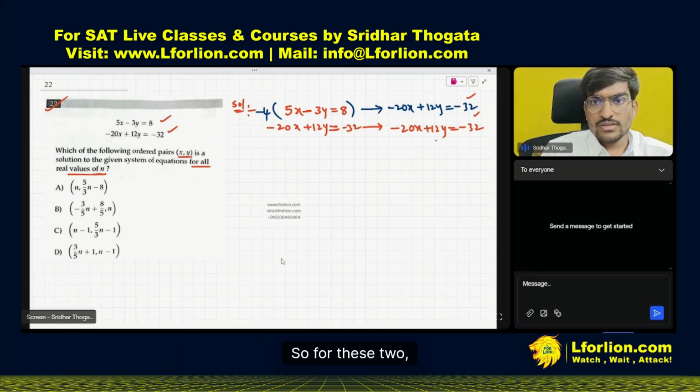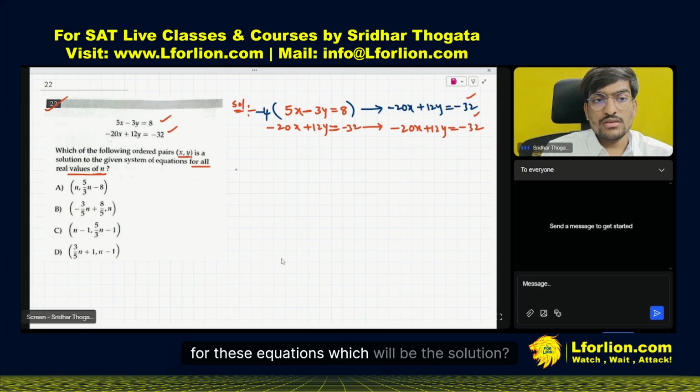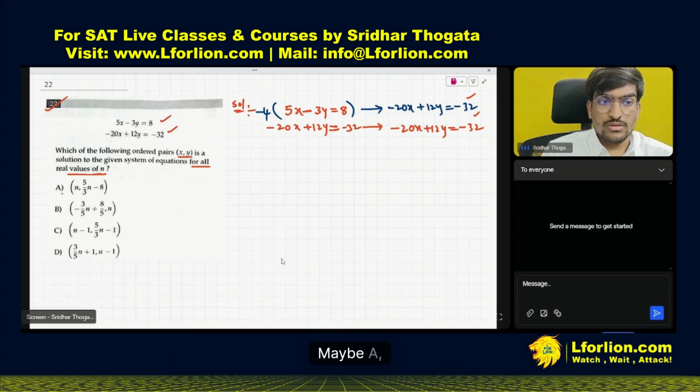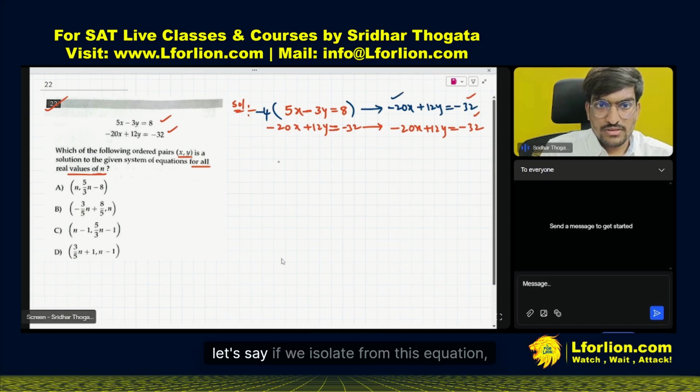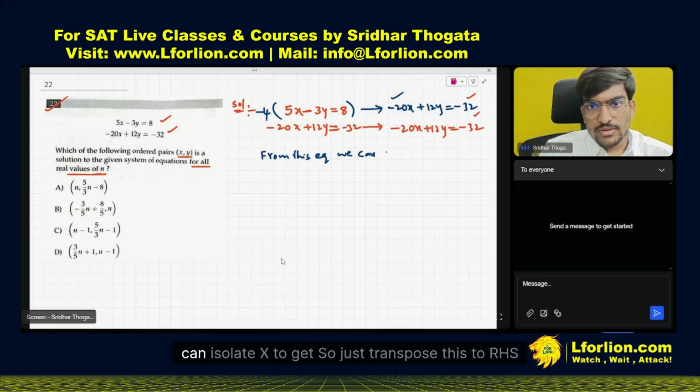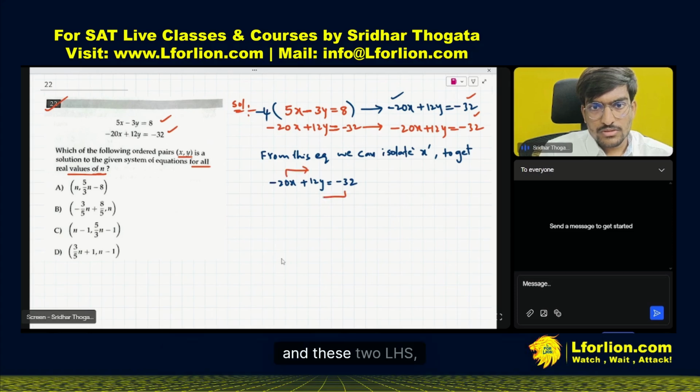So for these equations, which will be the solution? Maybe A, maybe B, maybe C, maybe D. From this equation, we isolate x. Transpose this to the RHS and this to the LHS.